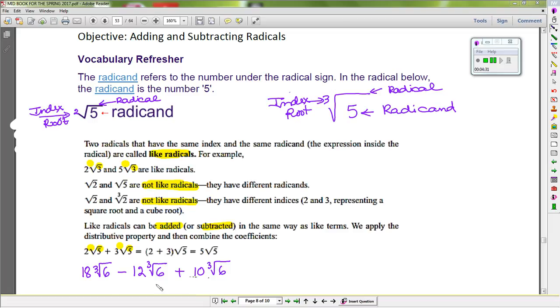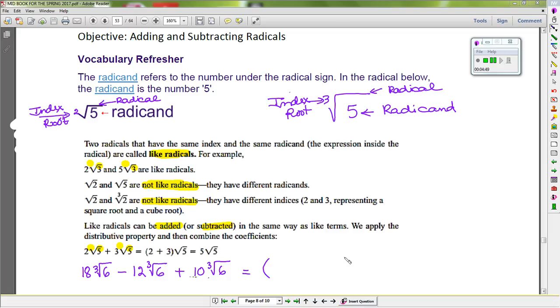So you can see right here that I have 3 radicals and they all have the same radicand, which is 6, and they also have the same index or the same root, which is 3.